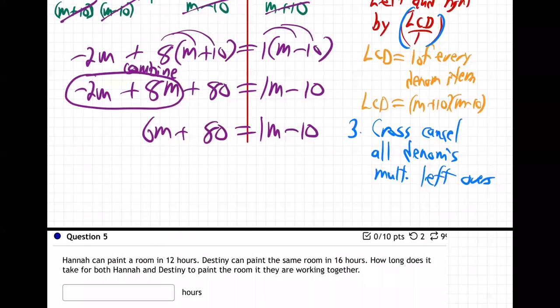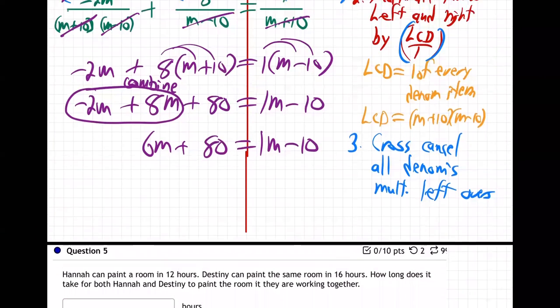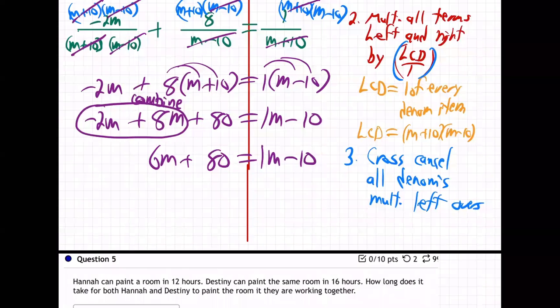And now we have m's on opposite sides. There you go. So what do you do when you have them on opposite sides like this? So see these guys right here? These guys are on opposite sides of the equal sign, right? So let me write that.